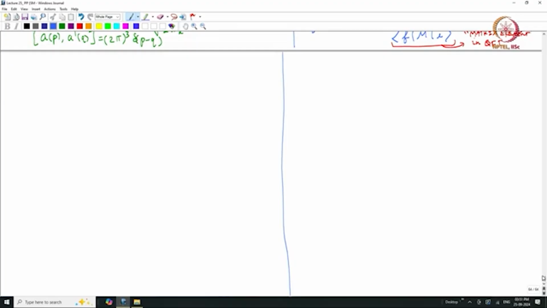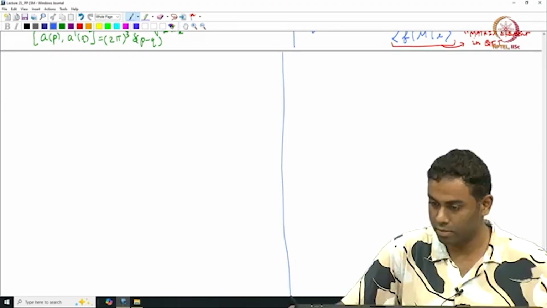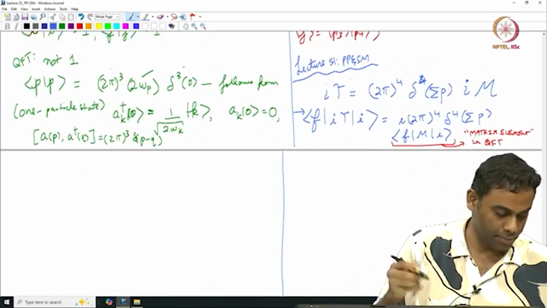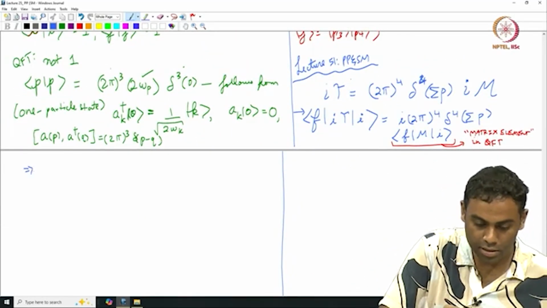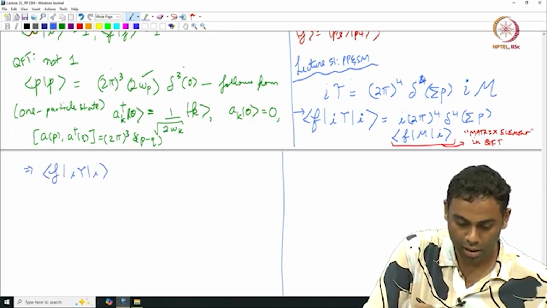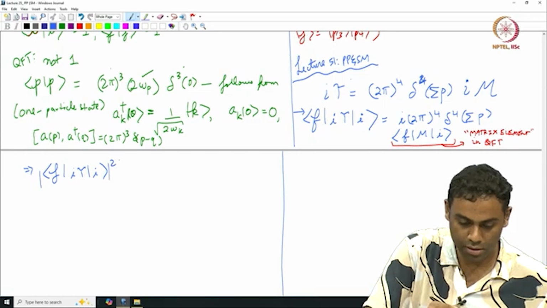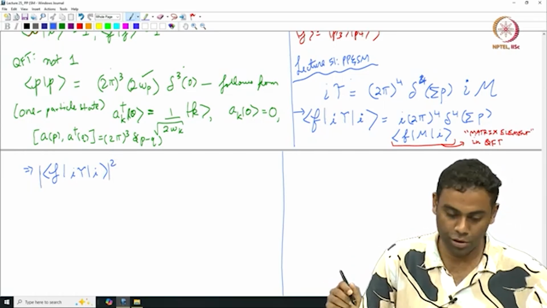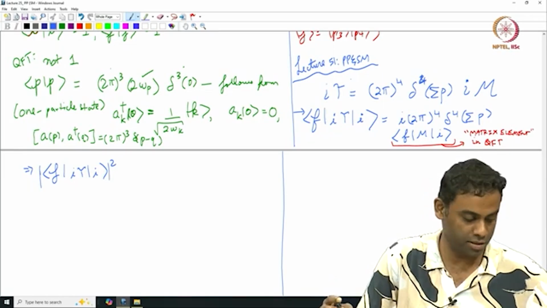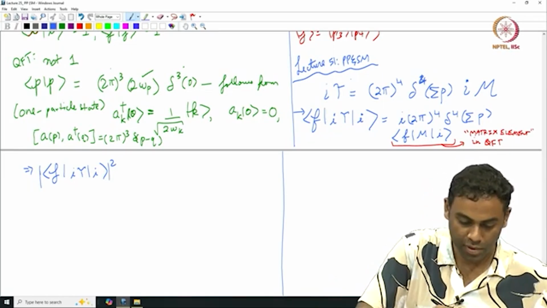So using that, I'm going to make that equation visible. This implies that if I were to take the absolute value squared, because that is what I am going to plug into the cross section at the end of the day, what is that?